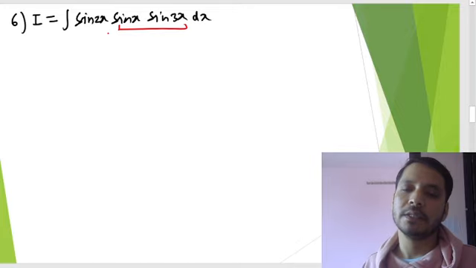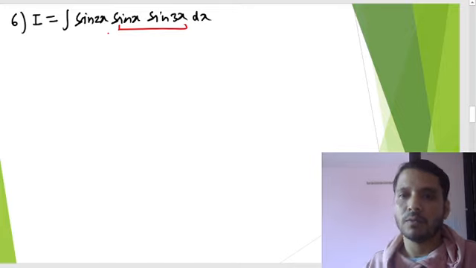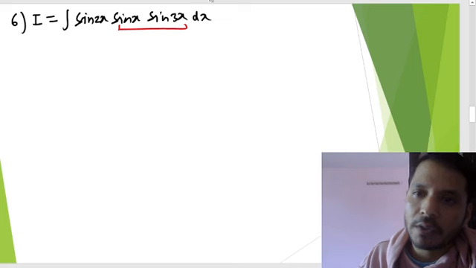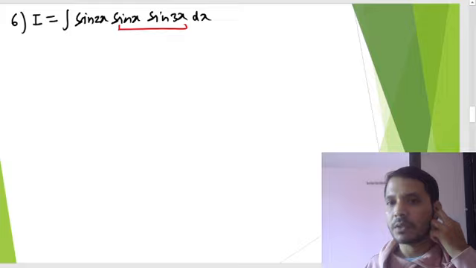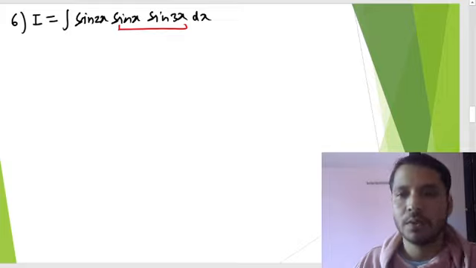So sine x and sine 3x, and then we will apply the formula for two times sine a and sine b. So what is the formula for two times sine a into sine b? Just one second, it's not working.